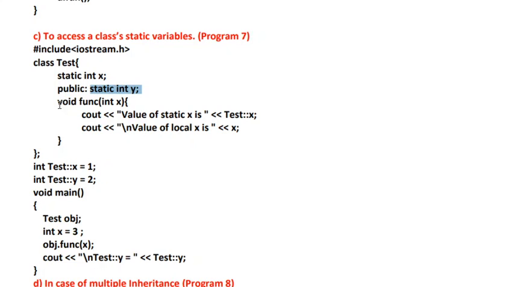We have a function by the name func that takes in an integer value and displays the value of the variable, and the return type of the function is void. Here func is a function that is defined inside the class, so whenever you define a function inside the class, you need not specify the scope resolution operator as in the previous case.